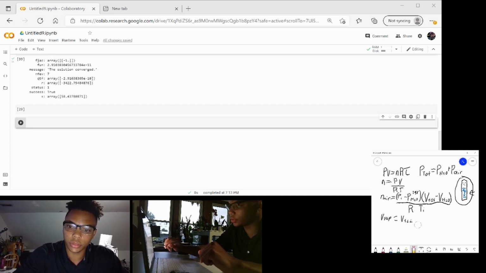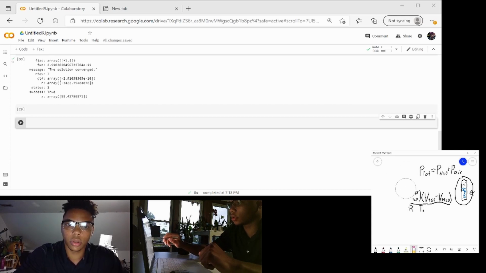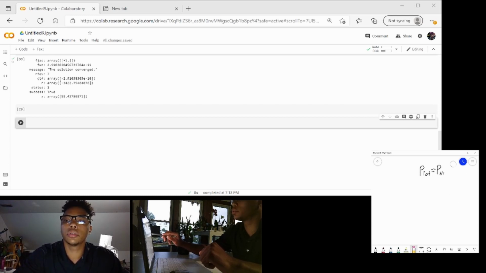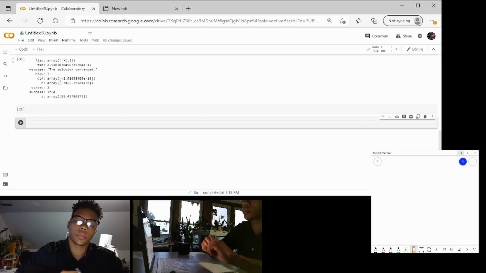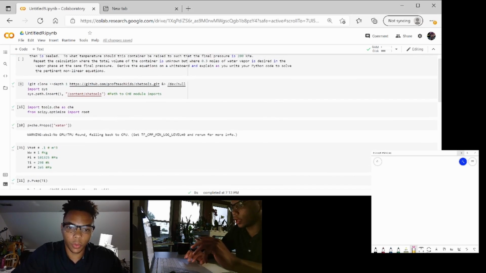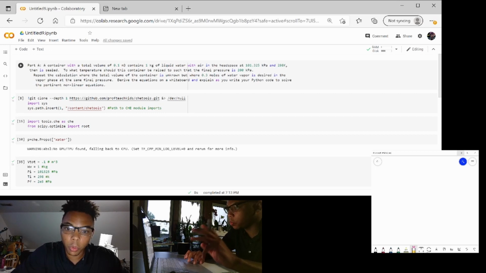In our new problem actually, we are looking for our final temperature again, and we are also contemplating that we have 0.3 moles of water vapor desired in our end result. So 0.3 moles of water vapor is desired in the vapor phase at the same final pressure.